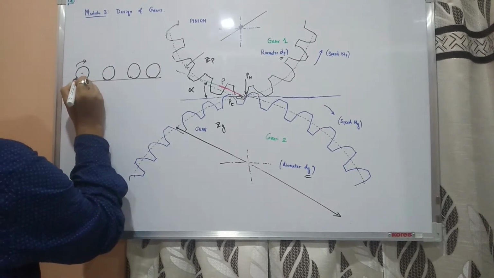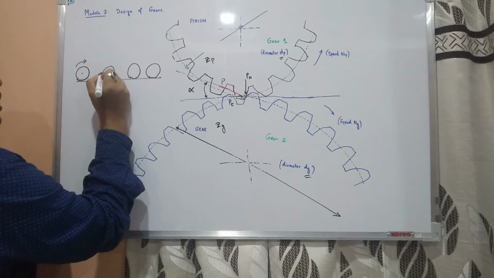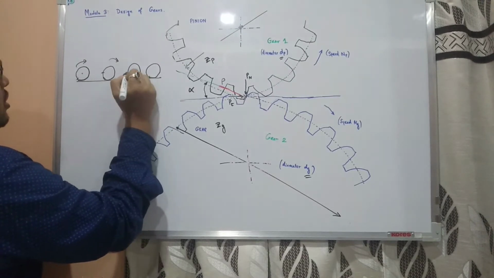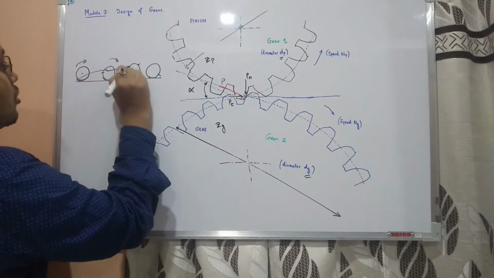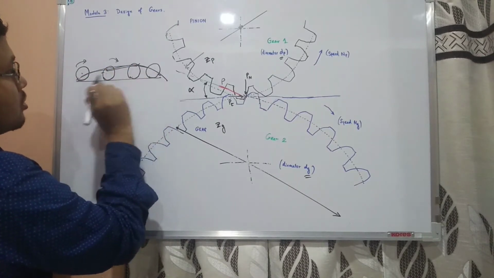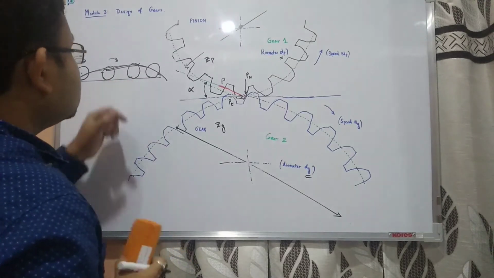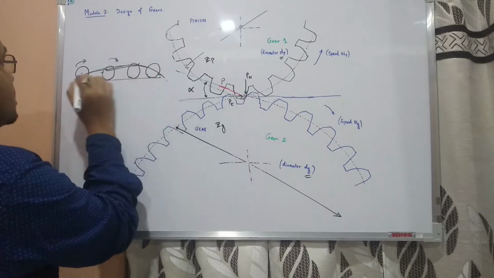If you mark a point on the circle, then after some time, after rolling, it will come here, at this position it will come here, and then you connect all the points at all the positions, until it comes back to its original position where it started.